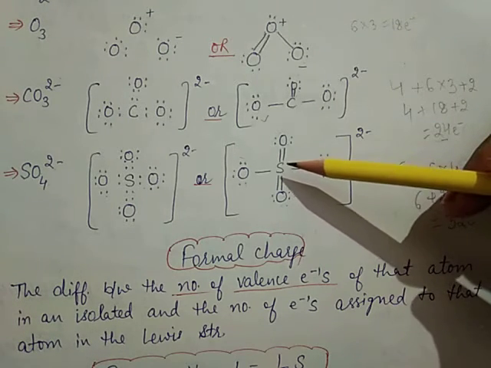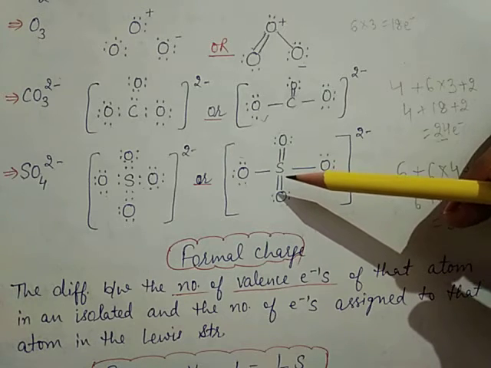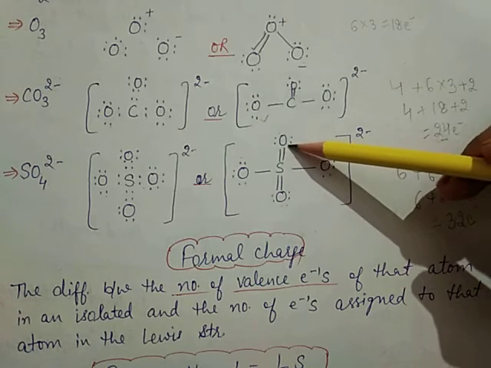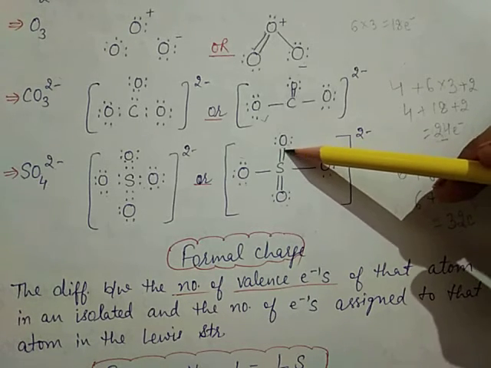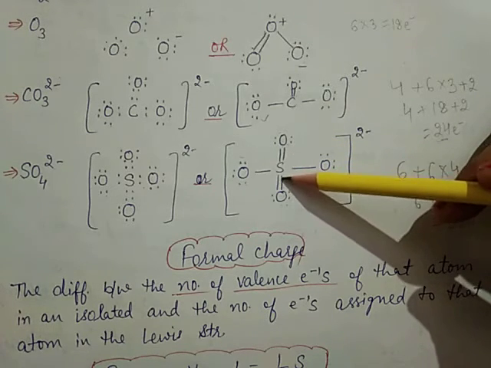So the central atom does not have an octet. So move the electrons from this oxygen atom to form a double or triple bond. So it will form a double bond, and this also forms a double bond.